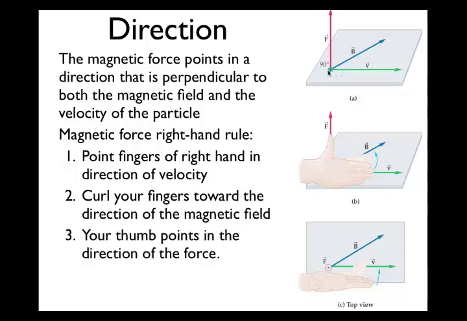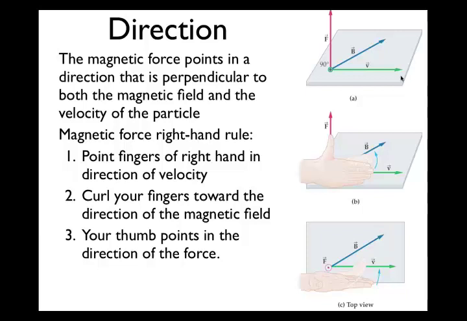So if the particle was moving due right, you'd point your fingers due right to line up with the motion of the charged particle. You curl them into the direction of the magnetic field. Your thumb, rather, is left pointing up out of the plane, and that would be the direction of the force on that charged particle. Other books have slight variations on that.